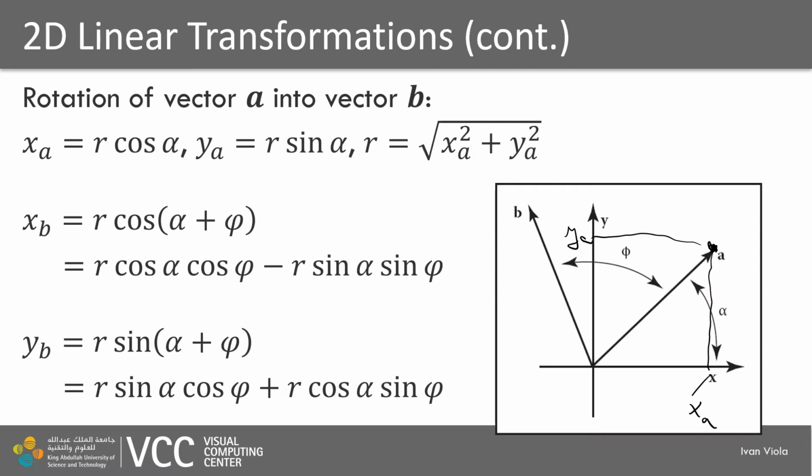Now, what is the value for xb? For xb, we actually do not have the angle for the point B in polar coordinates, but what we have are two angles, and their sum will correspond to the angle under which we will find the point B in polar coordinates.